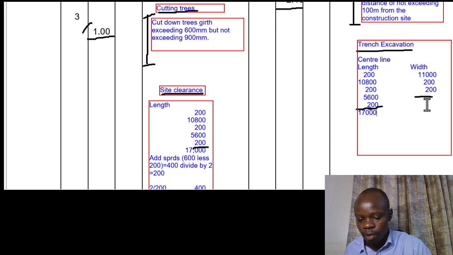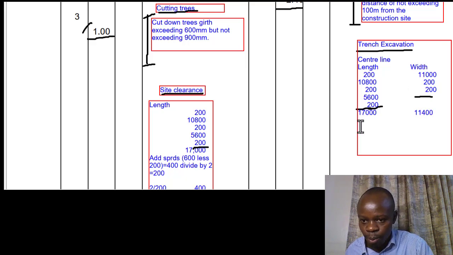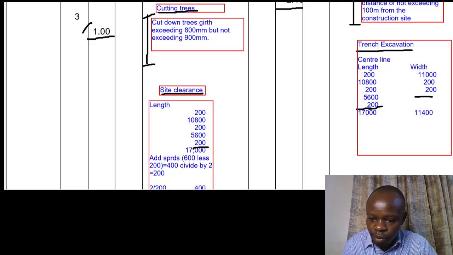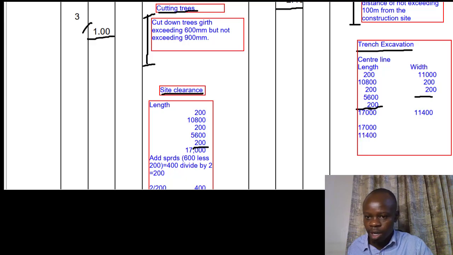Then we go to the other side and have 11,400. So you add these two: the 17,000 and the 11,400.